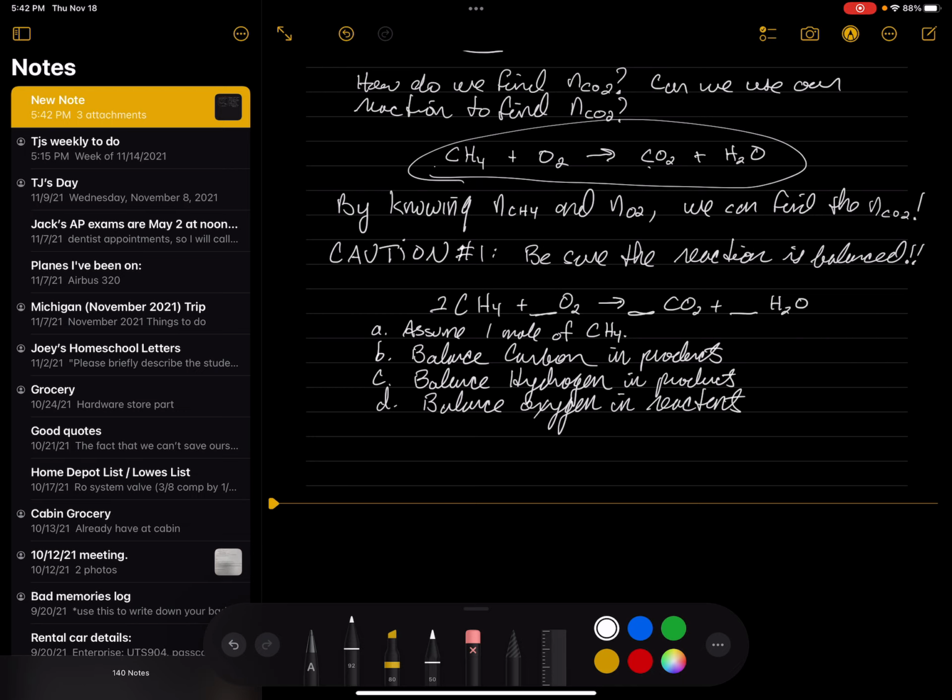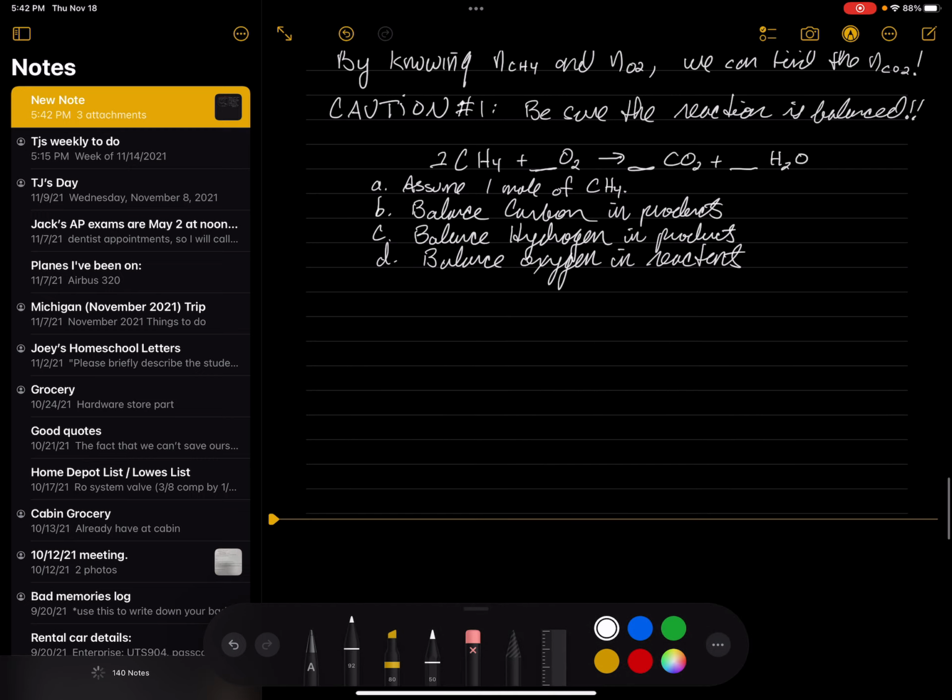Okay? And so I do this by setting up a little table. So I have R for reactants and P for products. And we have C, H, and O. Okay? Carbon, hydrogen, and oxygen.